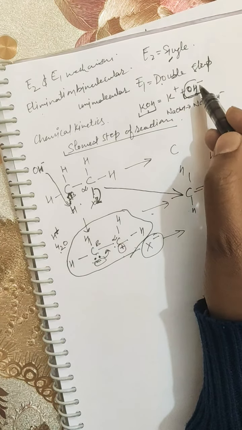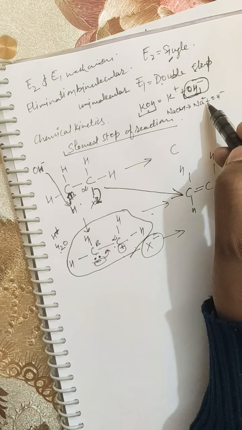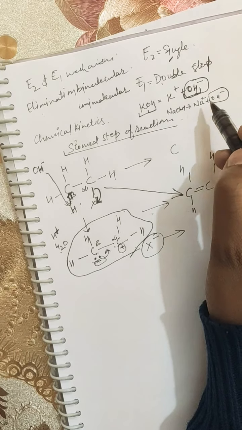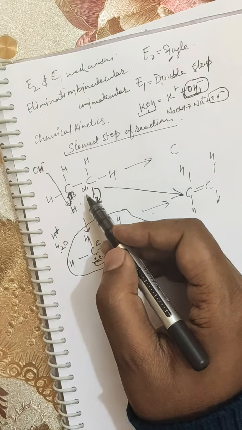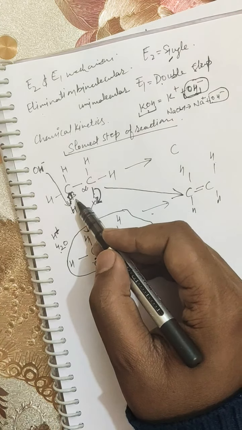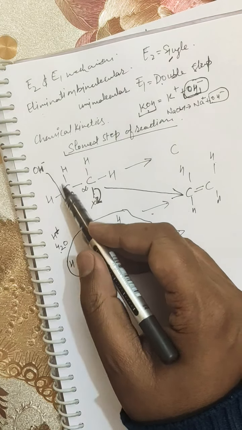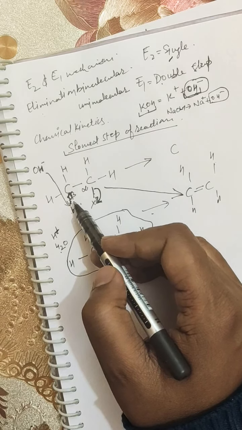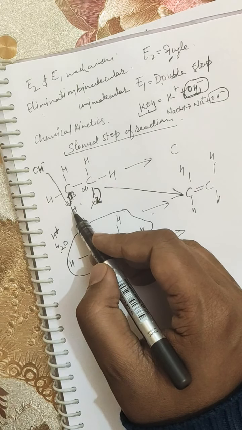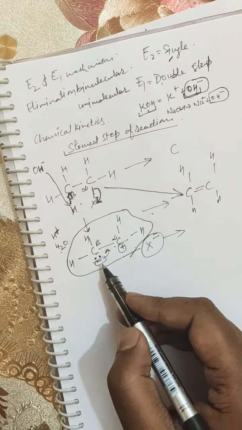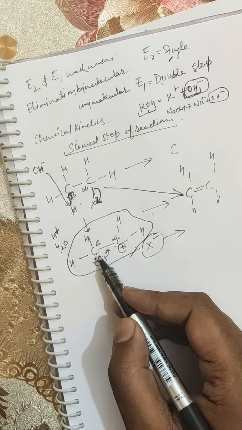So this hydroxyl anion attacks the beta carbon of the alkyl halide. From the beta carbon, it removes a hydrogen, any of the hydrogens, and the removal of this hydrogen results in the formation of an electron rich center at the beta carbon.